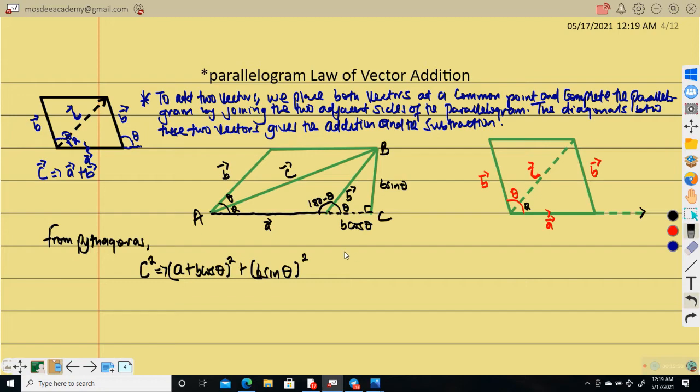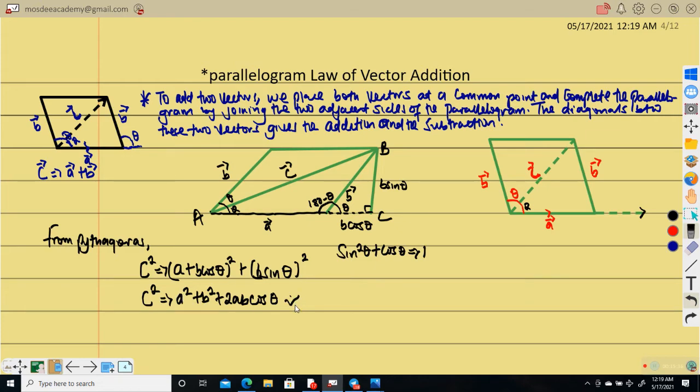Expanding this, my dear students, just recall from your trig that sine squared theta plus cos squared theta is equal to 1. So expanding this from our algebra class, we are going to have C squared is equal to A squared plus B squared plus 2AB cos theta, which is what we are going for.